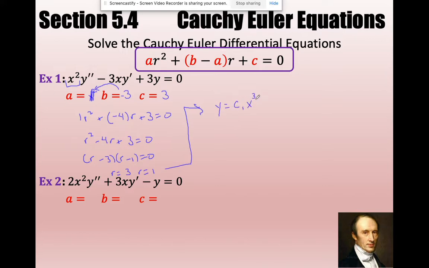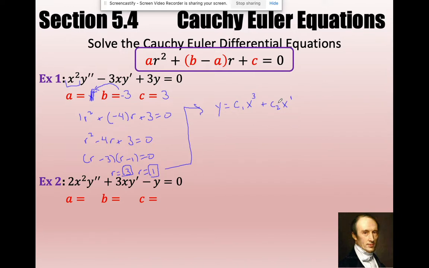X cubed. X to the first. Right, that's where these went. Right?